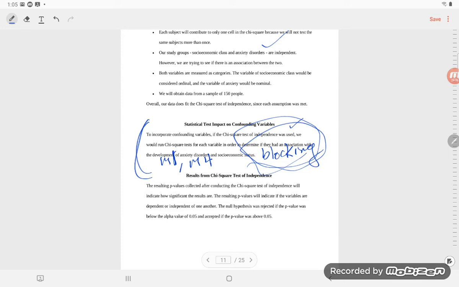Now, a huge weakness, I didn't consider it real huge because they did address the confounding variables, and they are going to look at them. They just didn't quite bring them in the way they really should, and that would be the blocking.